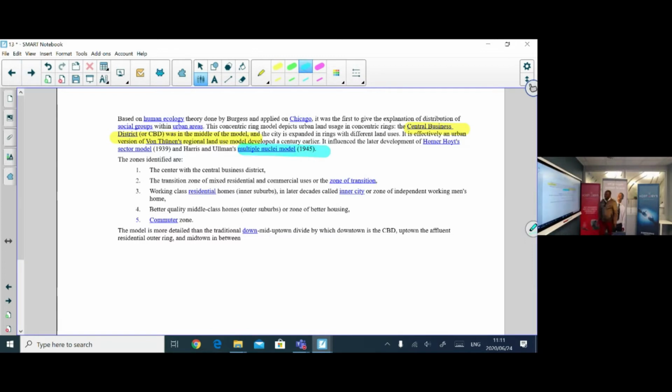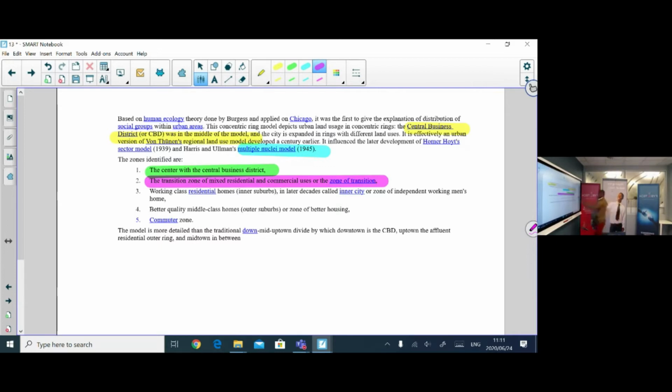The zones identified in this concentric zone model are: we have got the center with the central business district, followed by the transition zone of mixed residential and commercial uses, or zone of transition.